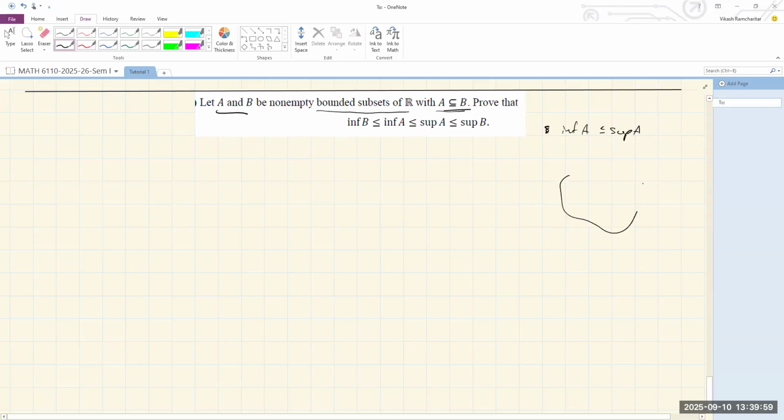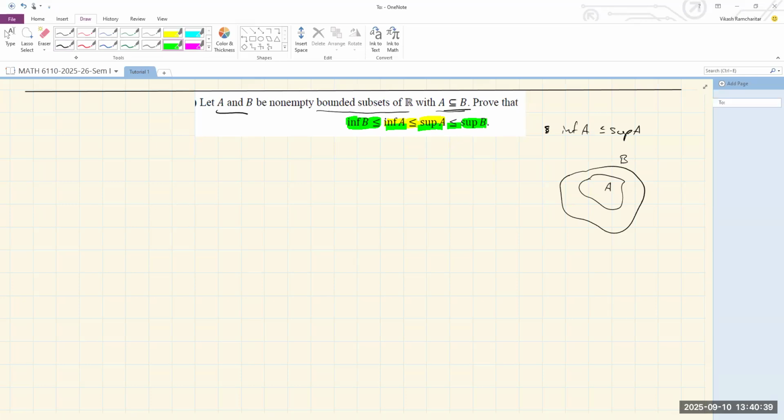But in this case, we have some set B and A is contained in it. So again, the infimum of A should be less than or equal to its supremum. But they're saying since A is inside of B, the infimum of B will be less than or equal to the infimum of A and its supremum, and the supremum of B will be bigger than or equal to these two.